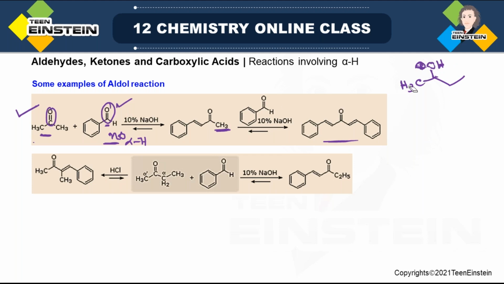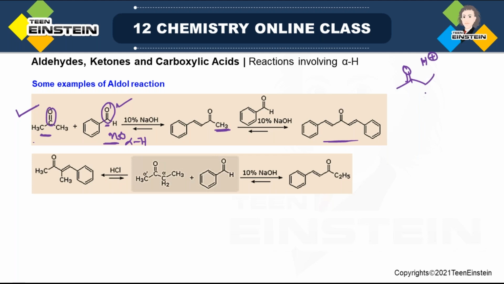So let me write it. So this is the actual molecule. Now in presence of H plus, what happens? Enolization will take place first.